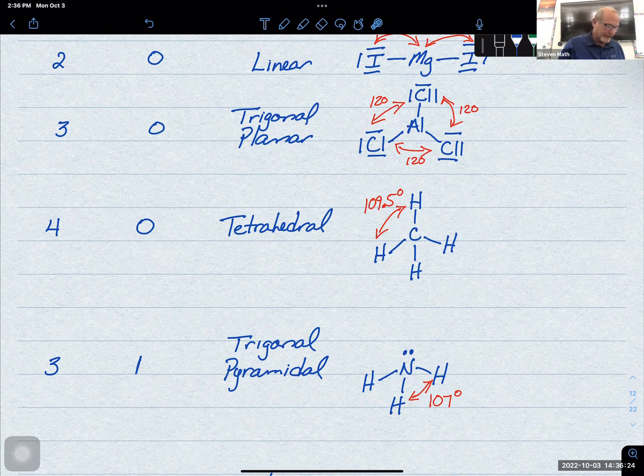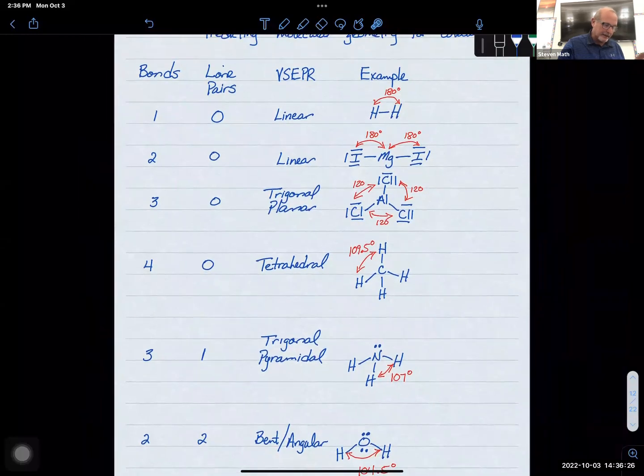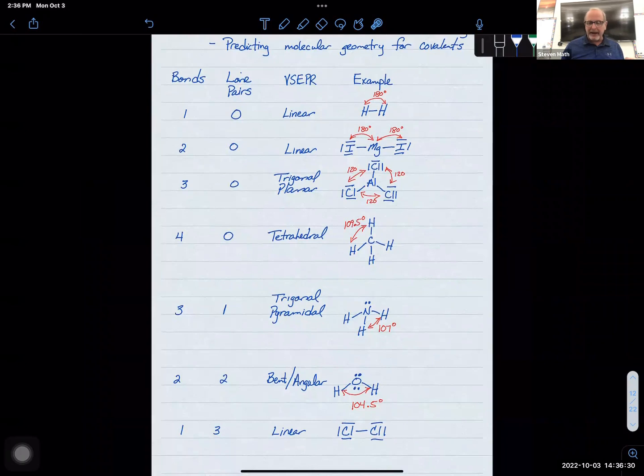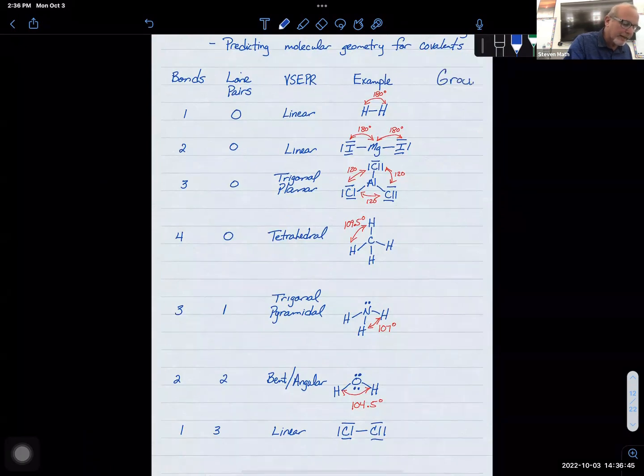Now, I said, hey, leave yourself a little bit of room. There's something to tie this all together. Now, this is just a generalization. This is not a steadfast rule. But central atoms come from certain groups. And this can help us.